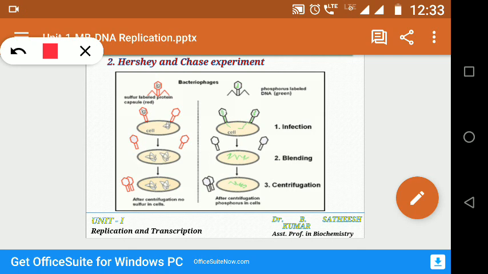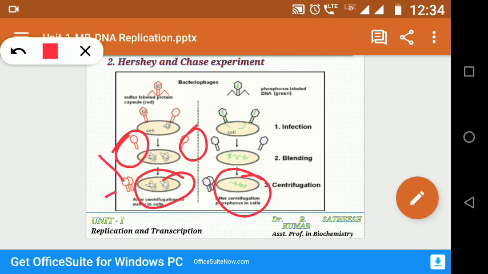So in this set, these bacteriophage protein coats were separated. So now we have only cells. When we analyze this cell population under autoradiography, they found the radioactivity in the protein coats only.